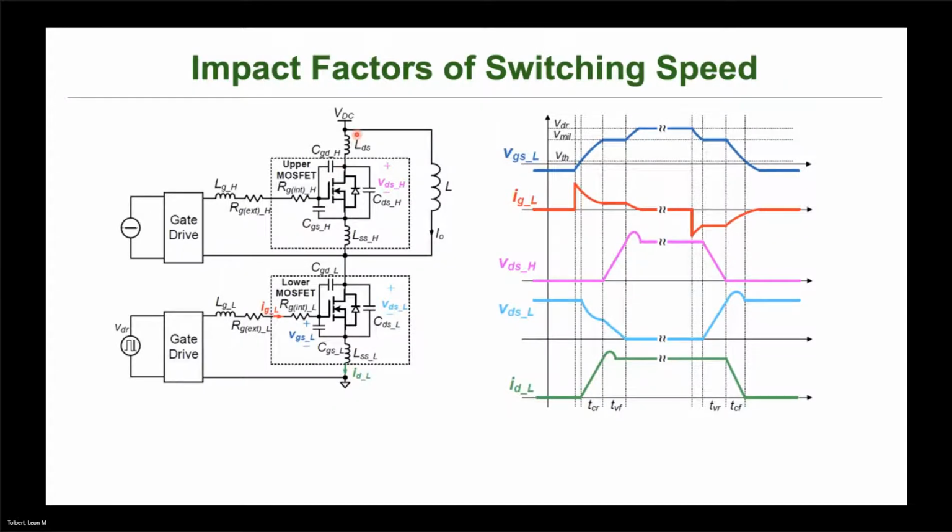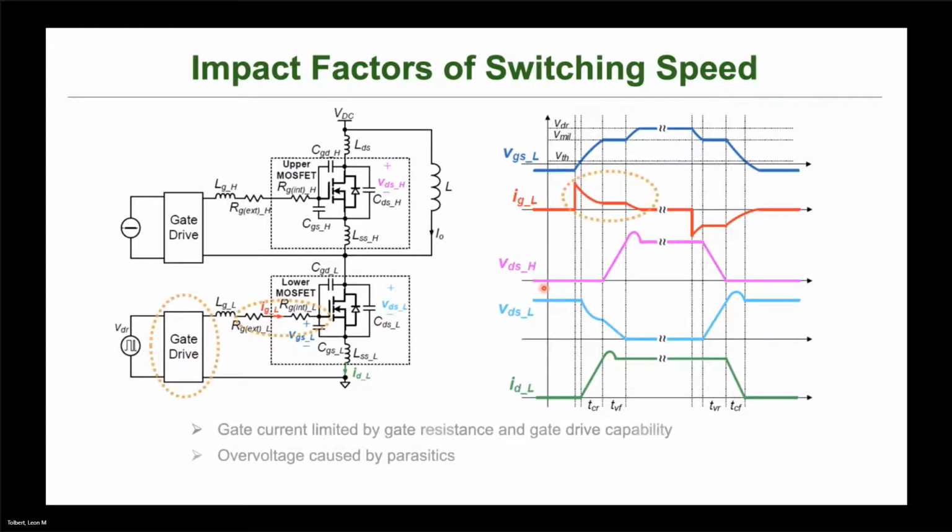This is showing the equivalent circuit for a MOSFET, showing some of the parasitic capacitances and its internal gate resistance for the upper and lower device. And as you can see, the current through this gate drive for the lower switch, when we turn it on, jumps up very quickly, but then it falls off pretty quickly too.